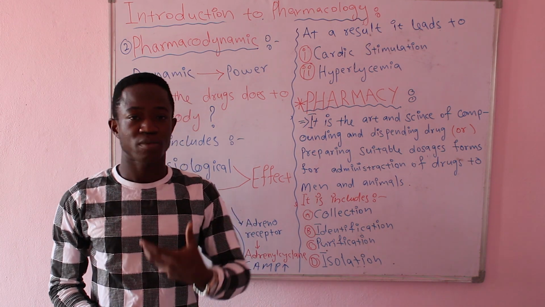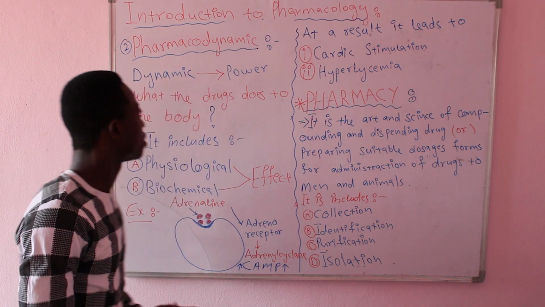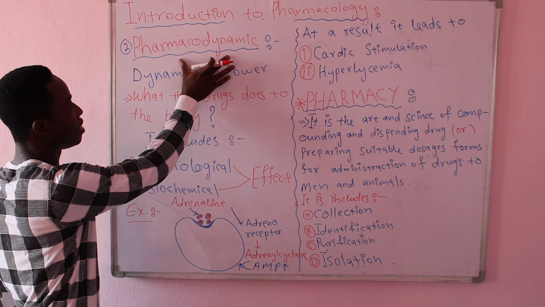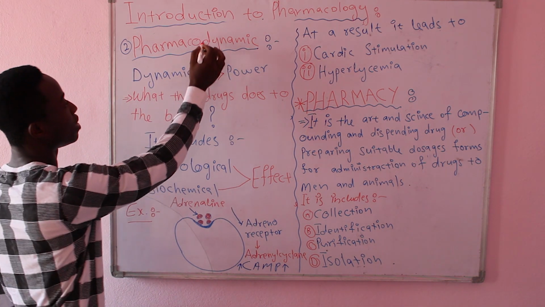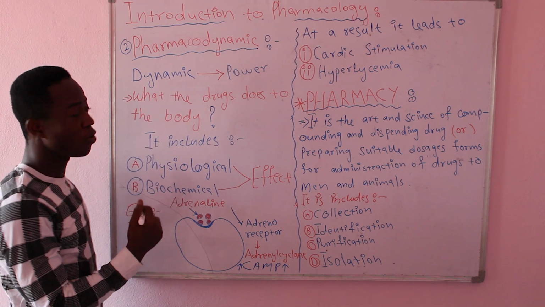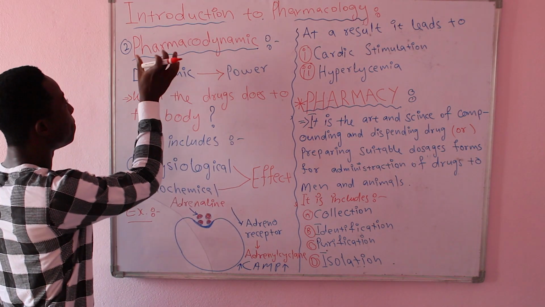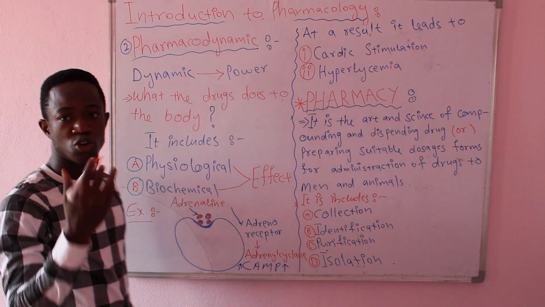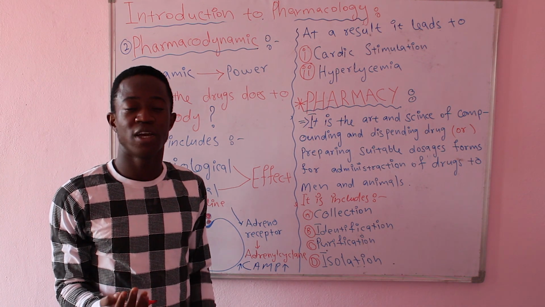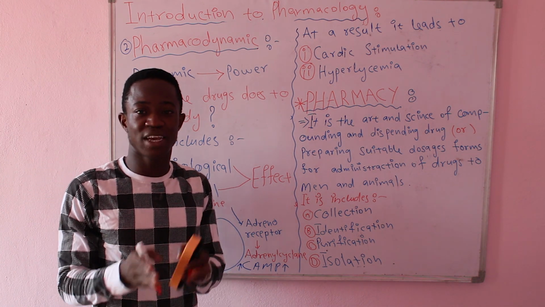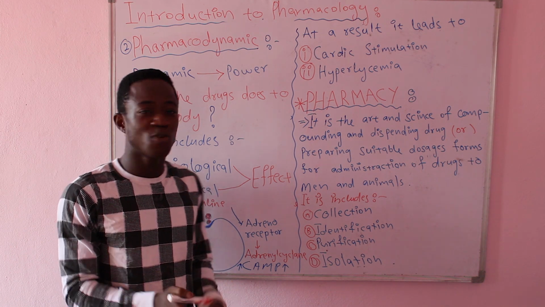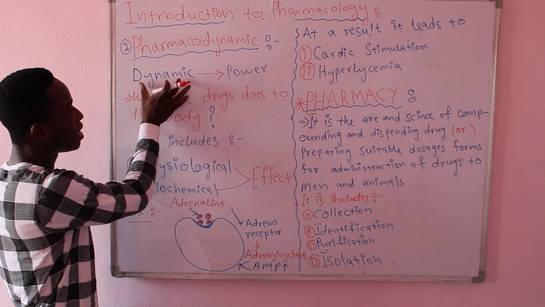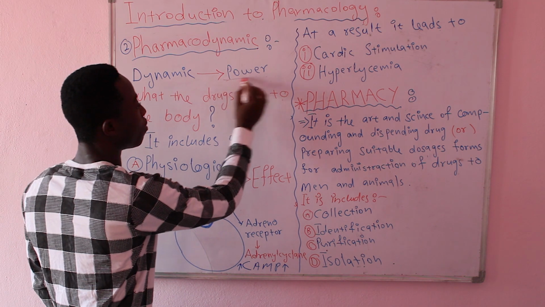There are two parameters. Under the dynamics, we look at the word dynamics. In the previous lecture, we already told you that pharmakon means drugs. Kinetics means movement. So what is dynamics? The word dynamics means power.